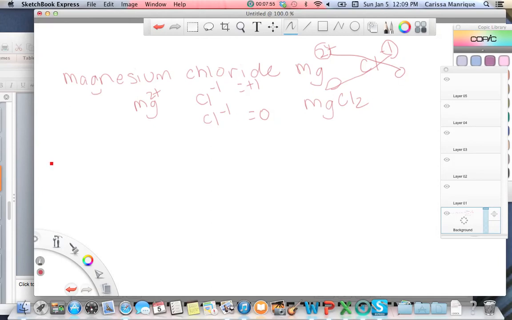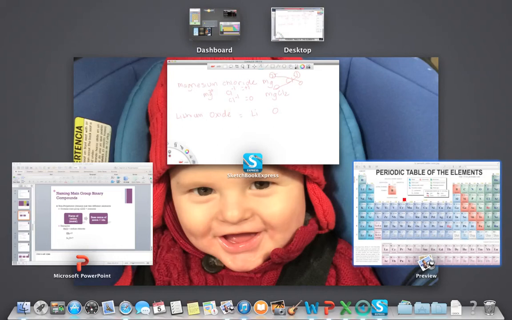So let's look at another one. Let's look at lithium oxide. So we have lithium and we have an oxygen. Pull up the periodic table here.